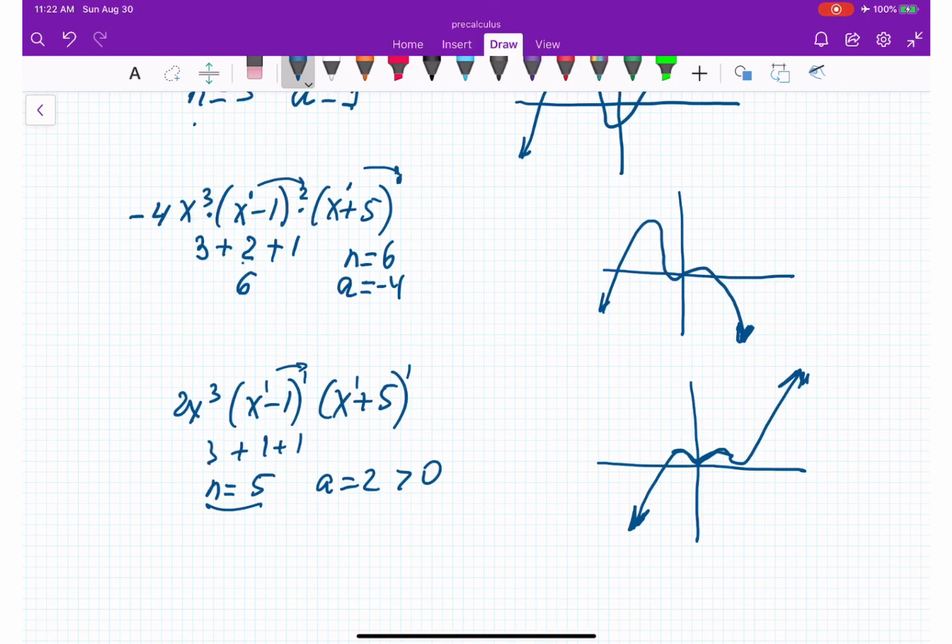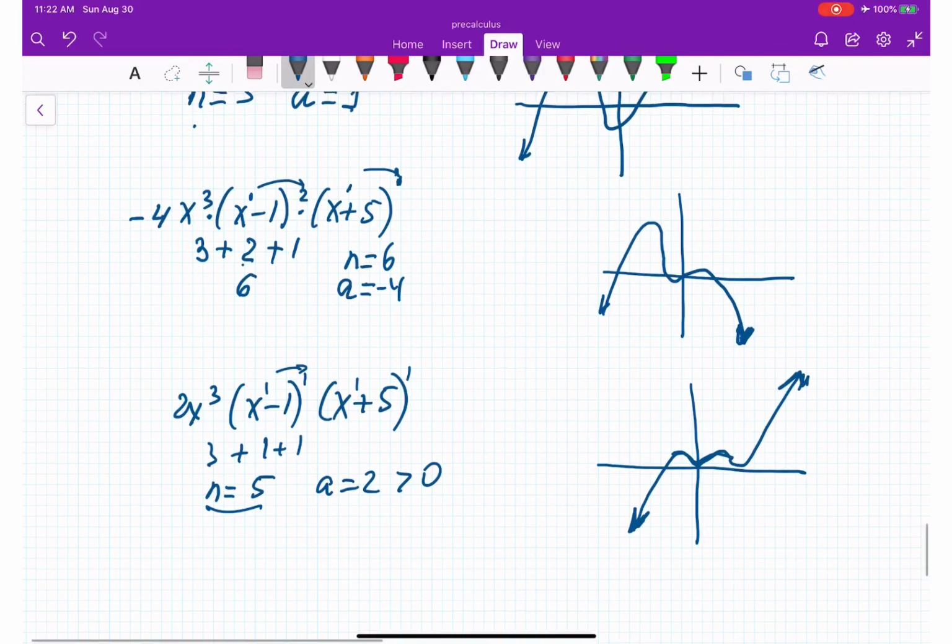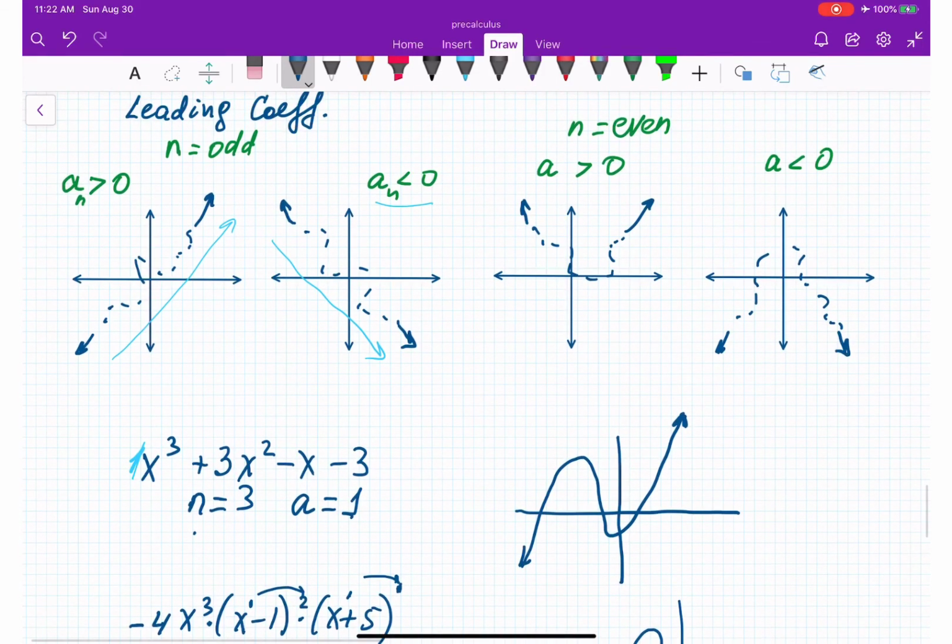That's why we have the left one down and the right one up. If we had a less than 0, we would have the left one up and the right one down. Okay.